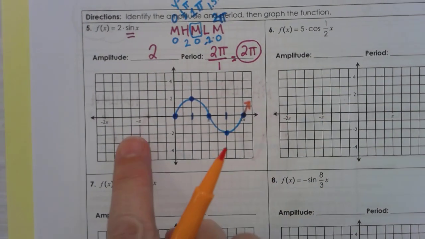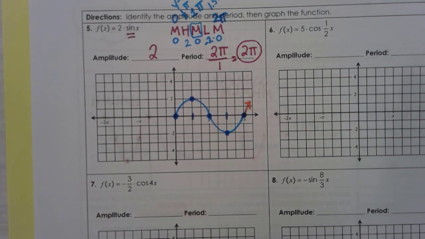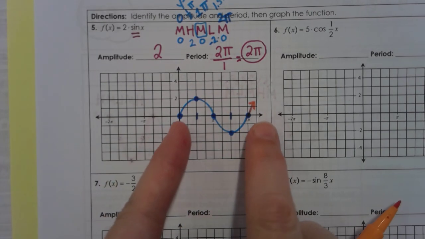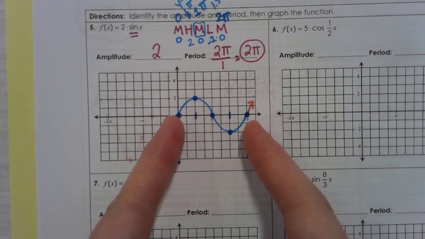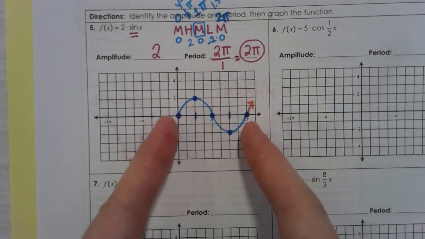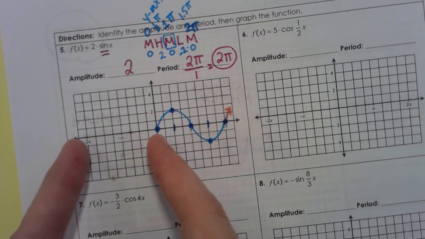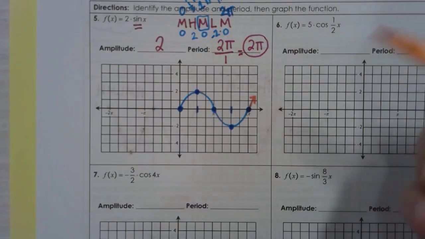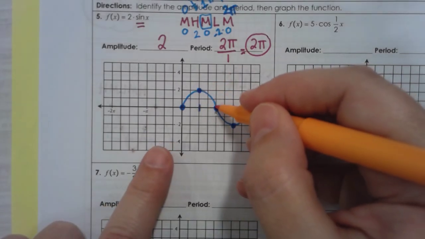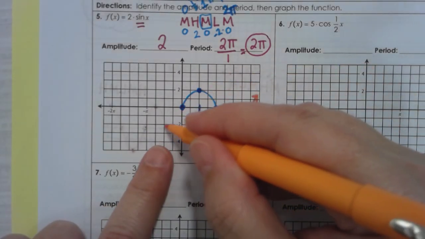Okay? But back on this side, I need to repeat my pattern. So I'm going to take this whole thing from right here, and I'm going to shift it back to here. Right? So what I do is I just reverse. If I keep tracing this, this is going to come down here, right?